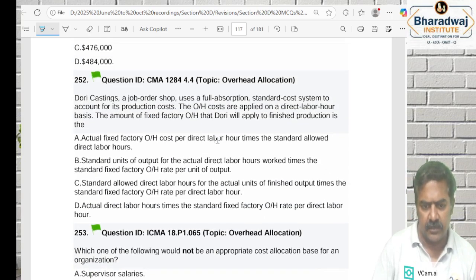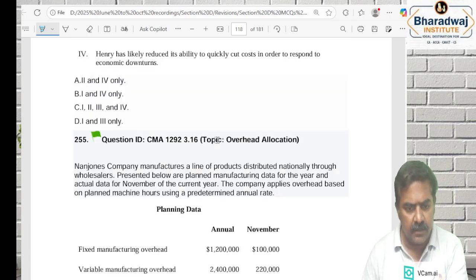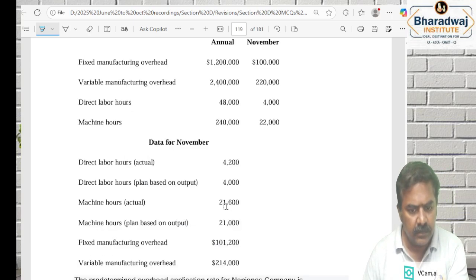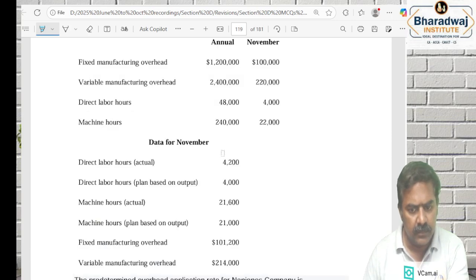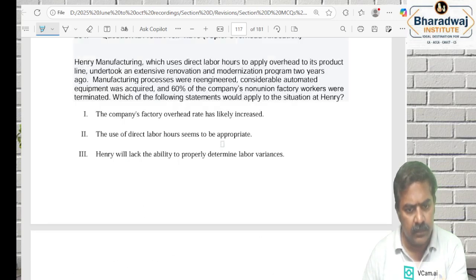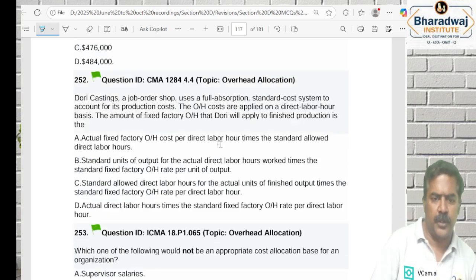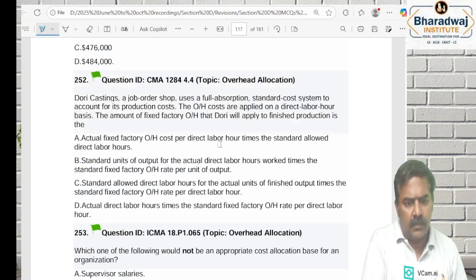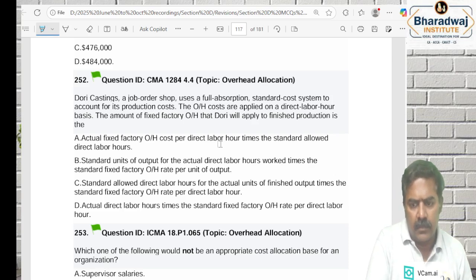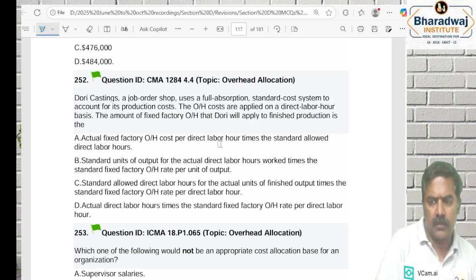252 per issues. Full absorption costing, standard costing system.